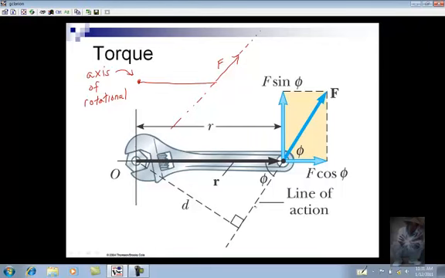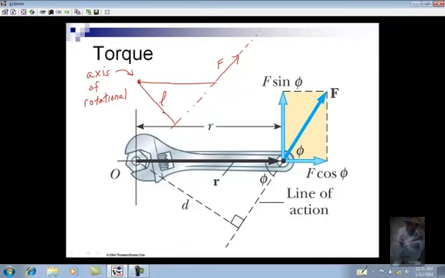The lever arm is the distance from the axis of rotation to the line of force that makes a 90-degree angle. Does that mean it's also the shortest distance? Yes. So this is what we call the lever arm.